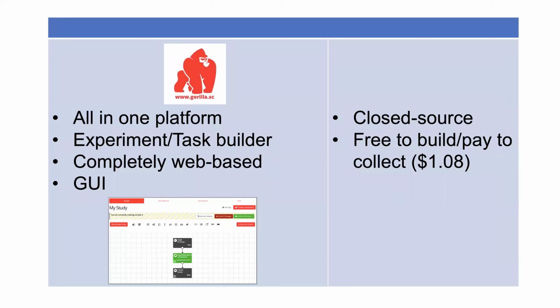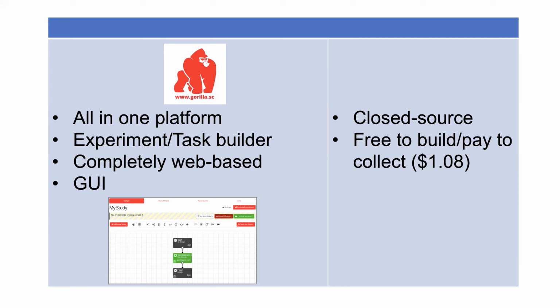And Gorilla is an all-in-one platform. So individuals can build their experiment, they can run their experiment, and host their experiment all within this platform. You don't need multiple platforms to run the experiment. And it's an experiment and questionnaire builder. So sometimes you'll have to build a task in a platform, maybe PsychoPy, for instance. So you can build the task in there, but you can't build questionnaires in there.